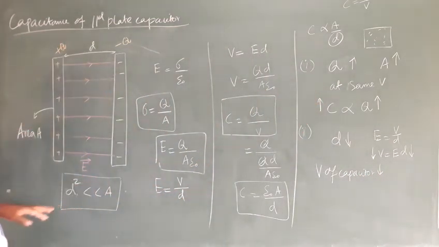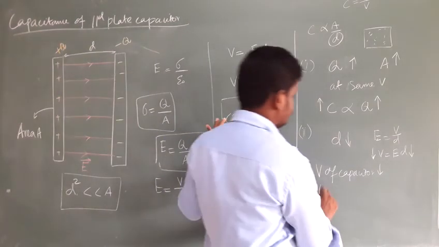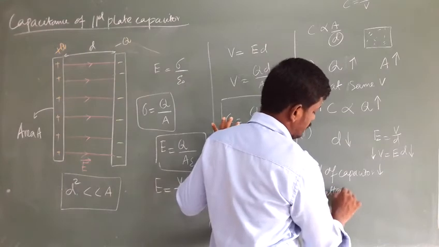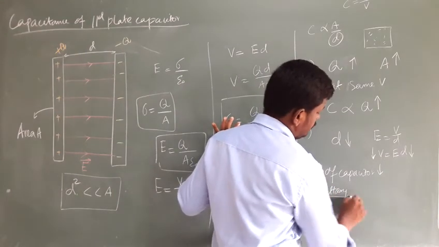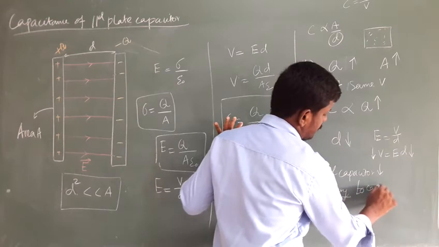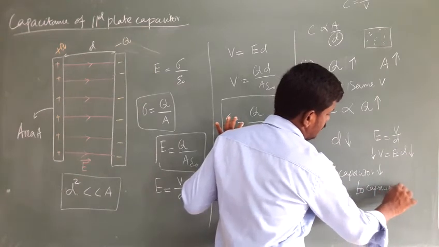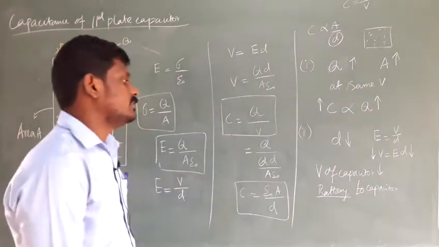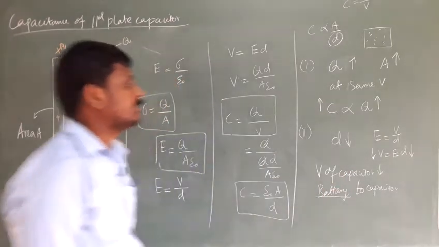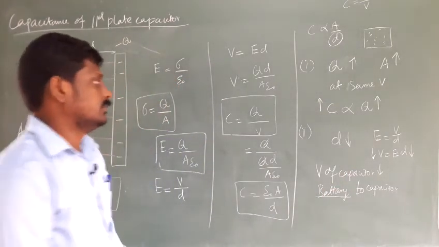So to manage this, there is an overflow, an additional flow of charges from the battery to the capacitor. So if distance decreases, what will happen? Capacitance value increases.